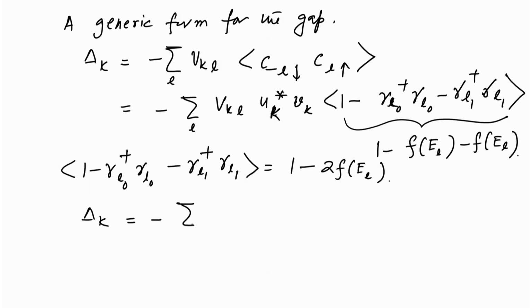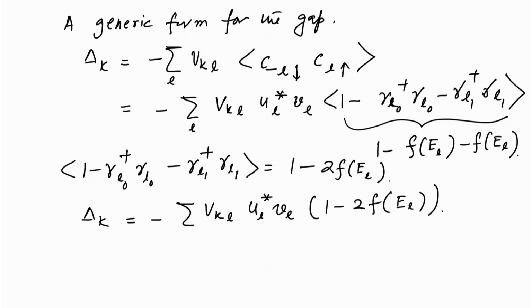it is equal to minus VKL UL star UL. So, this should be L actually, UL star VL, UL star VL and 1 minus 2 FEL, and this is nothing but tan hyperbolic beta EL by 2.